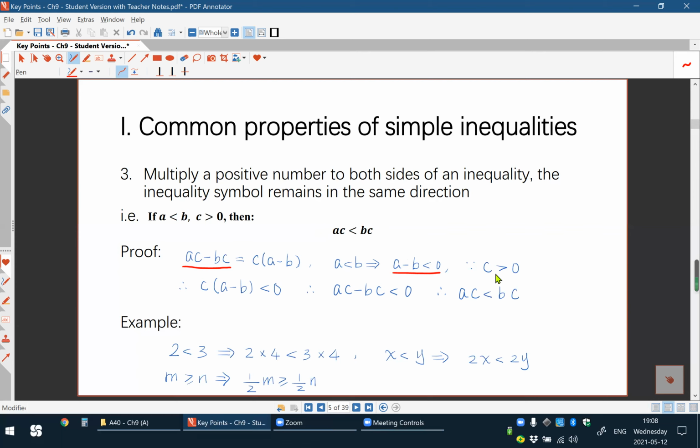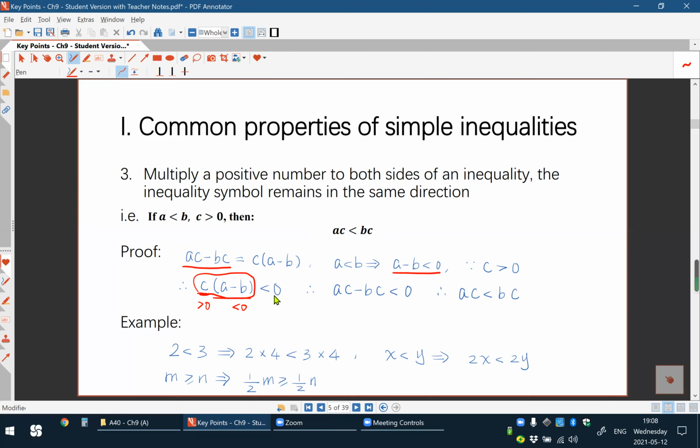Also, we know that C is a positive number. So that means a negative number multiplied with a positive number must be a negative number, right? So C times A minus B should be a negative number, which is smaller than 0.